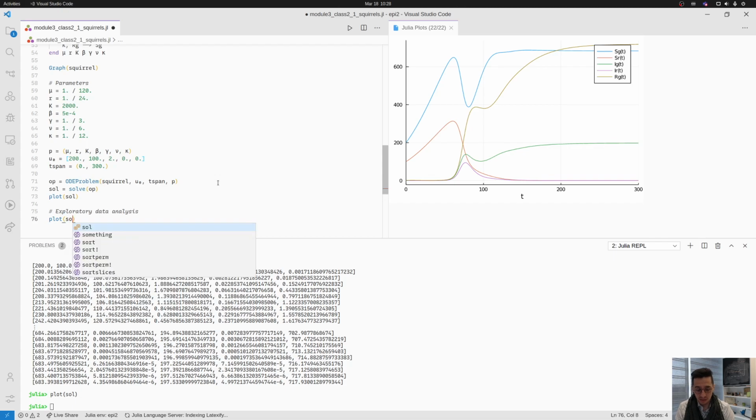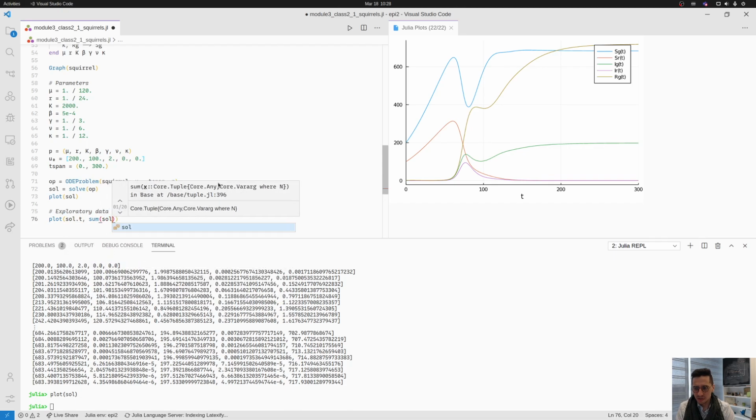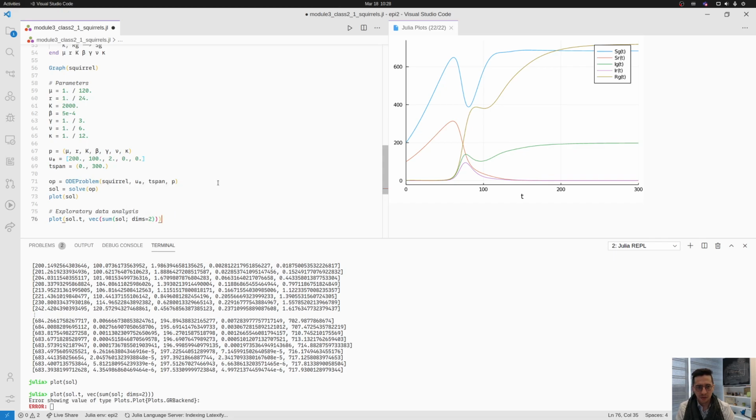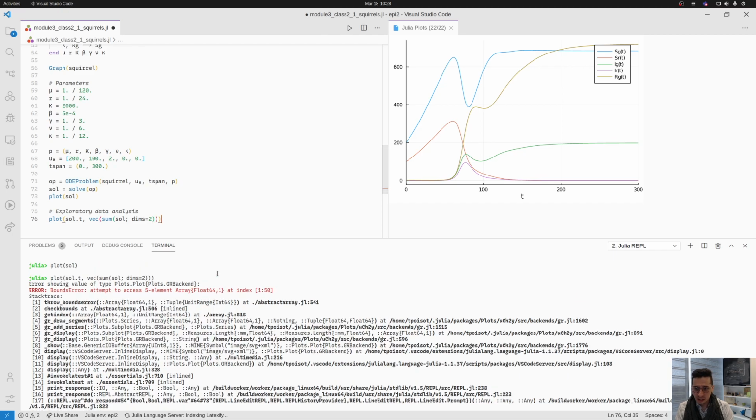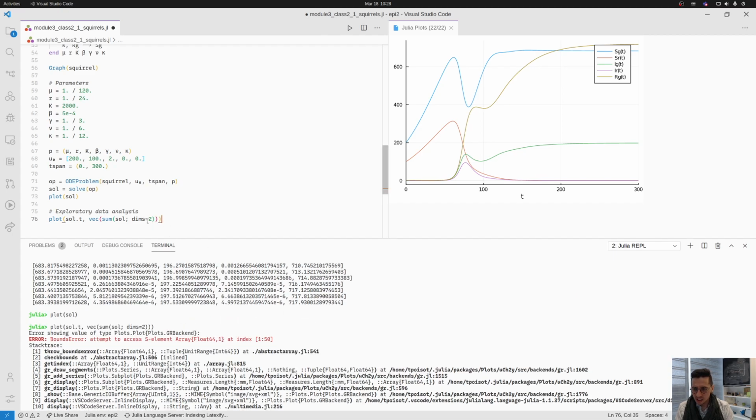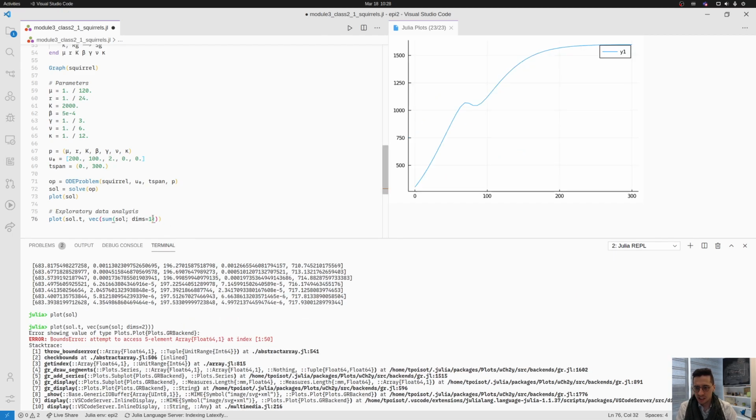That's quite simple, and it's sol t. And it's going to be the sum of the solution, and that probably needs to be as a vector. Oh, it's definitely not that. No, that. Yes. So that is the total population size.